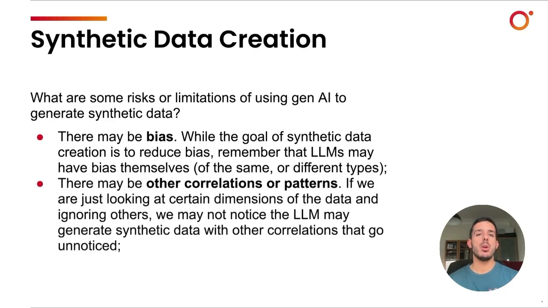Then, there may be other correlations or patterns. Some of these we may not even see, or we may not have them explicitly stated. So, if we are just looking at certain dimensions of the data and ignoring other dimensions, we may not notice that the LLM may generate synthetic data with other correlations that go unnoticed. In our example, if we do have a customer field and we are running statistical analysis on a lot of fields, but we don't run it on the location property, we have no idea what is going on with the location.